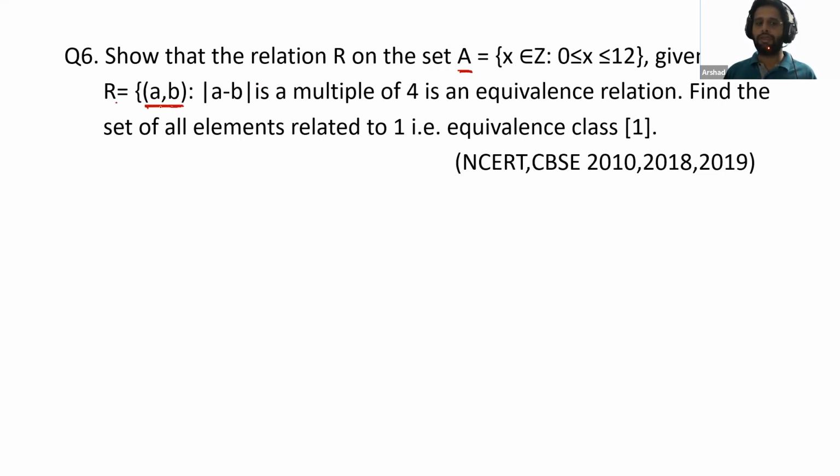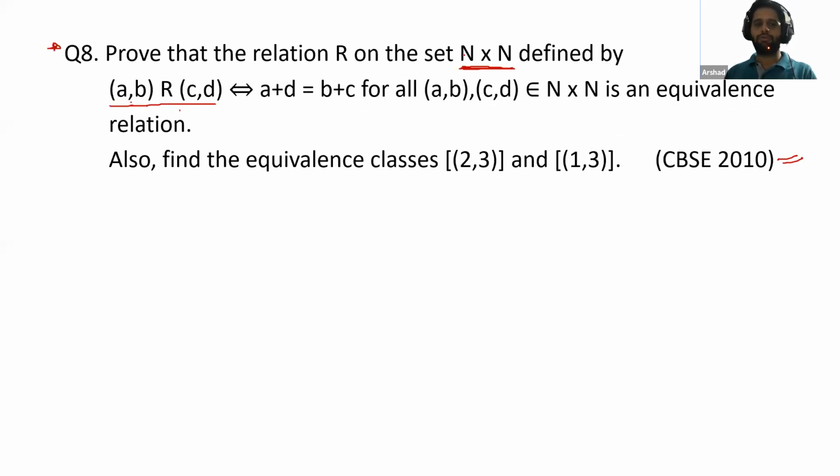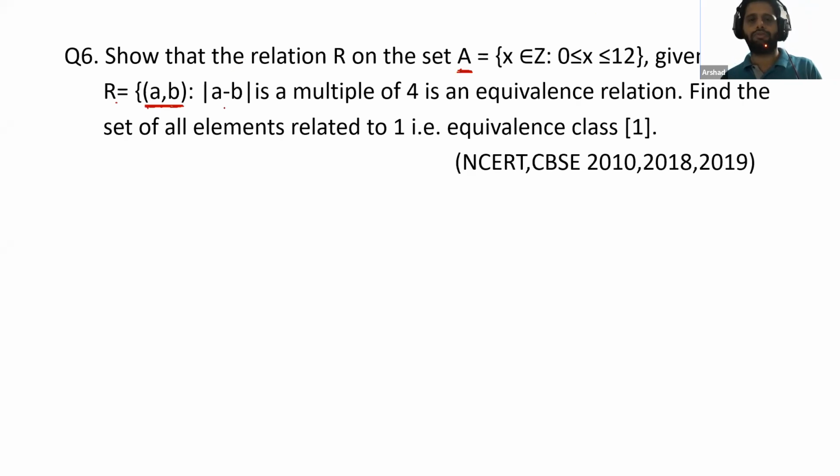But now in this question, they have not taken N as a set, they have taken N by N. Can anyone tell me the difference between question number 8 and this question? Why have they taken N cross N?